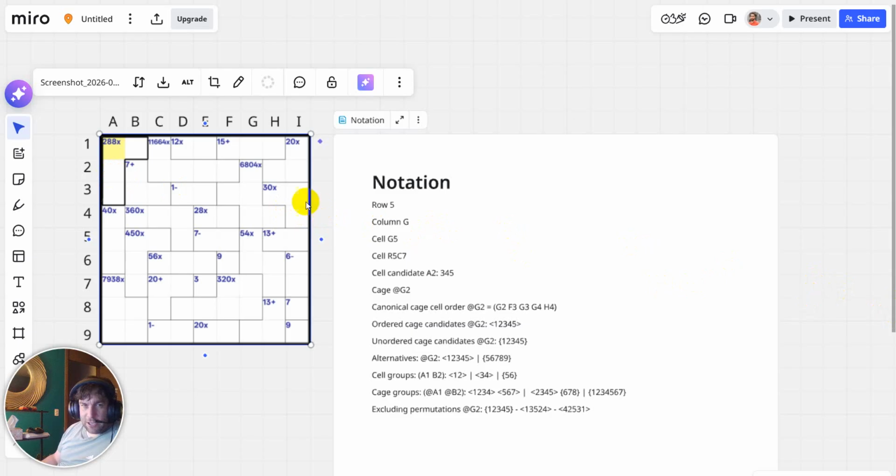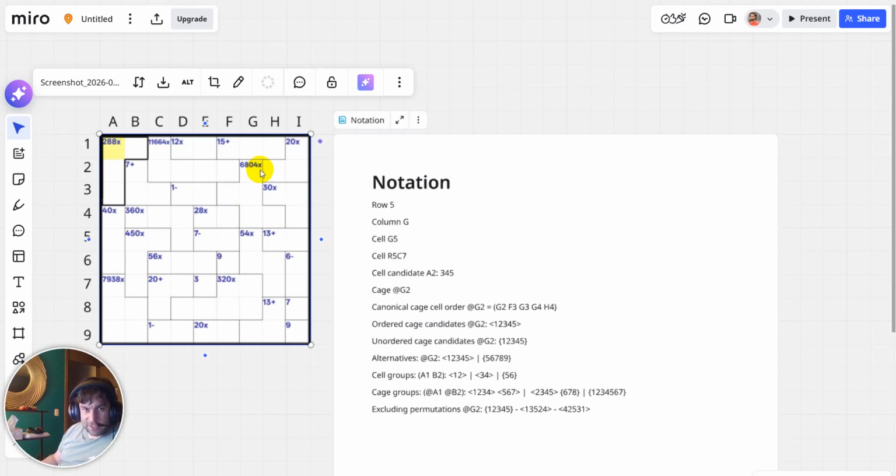Let's talk about cages, also called blocks, groups, regions. As you see, they have a thicker border. Each cage has a target value, like in this case 6804, and an operation, which is plus, minus, multiplication, or division.